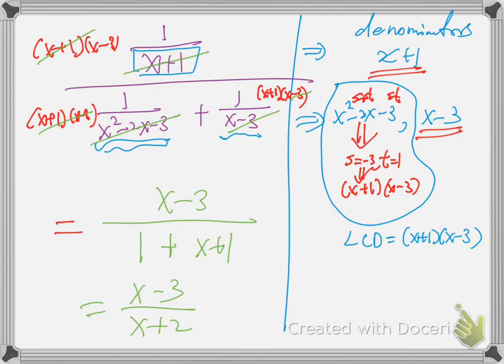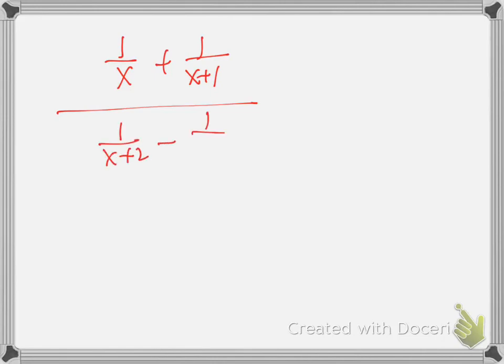So let's add another one. Sometimes maybe you have a very bad LCD. Let's look at it. We have 1 over x plus 1 over x plus 1, and then 1 over x plus 2 minus 1 over x plus 3. For this case, you have to multiply all of them.